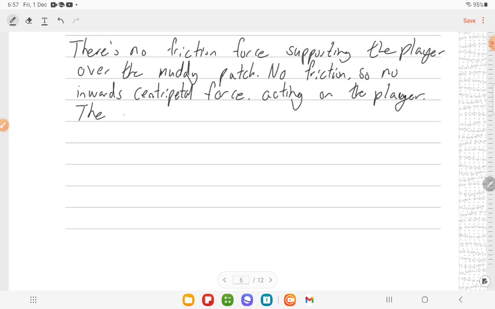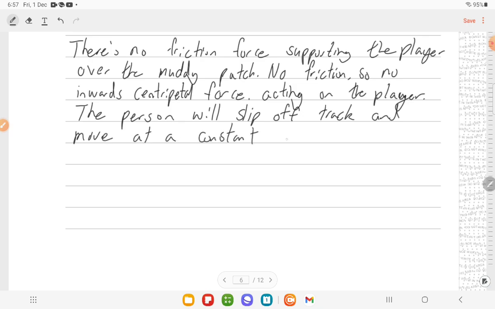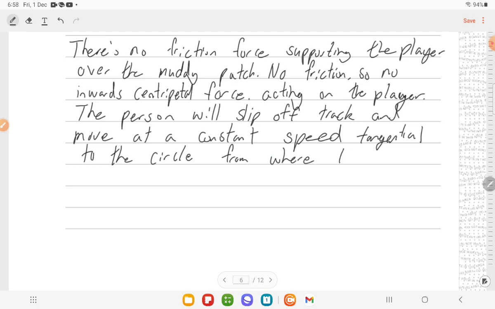So the person will slip off the track and move at a constant speed tangential to the circle from where they slipped.